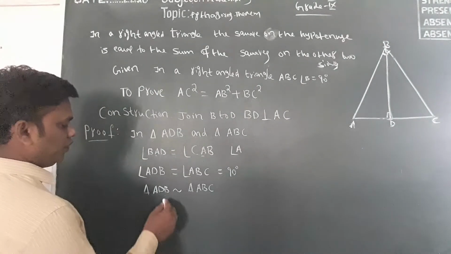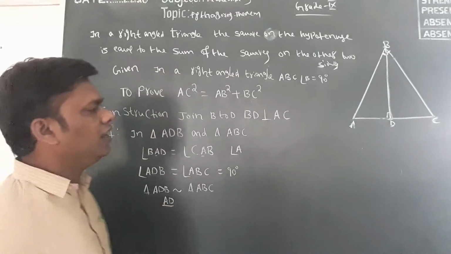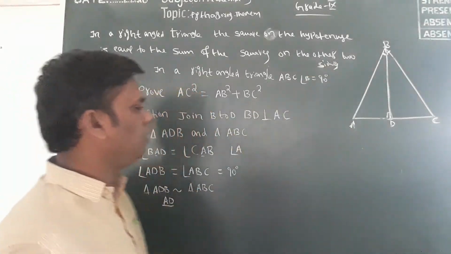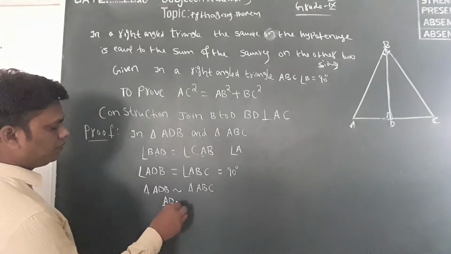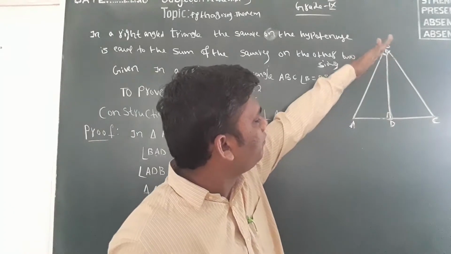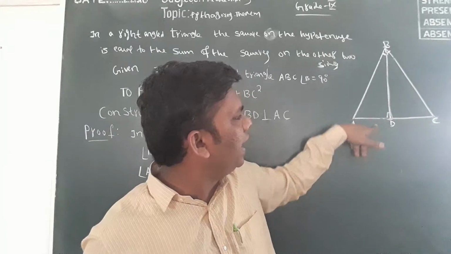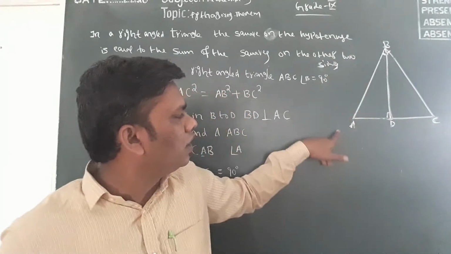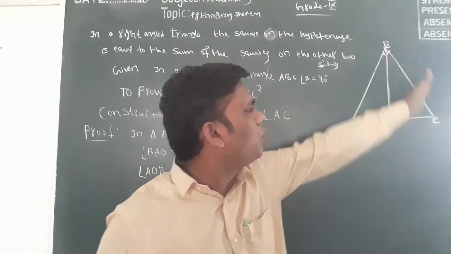Therefore, AD upon AB is equal to, in triangle ADB, AD upon AB, and in the big triangle ABC, AB upon AC.